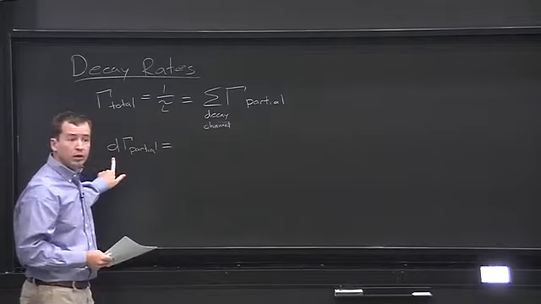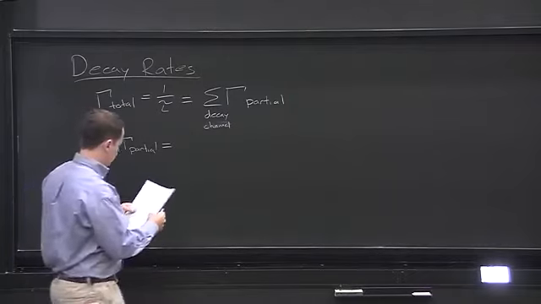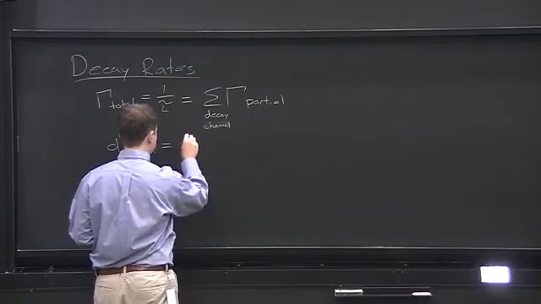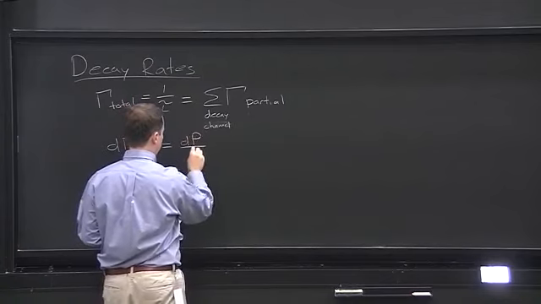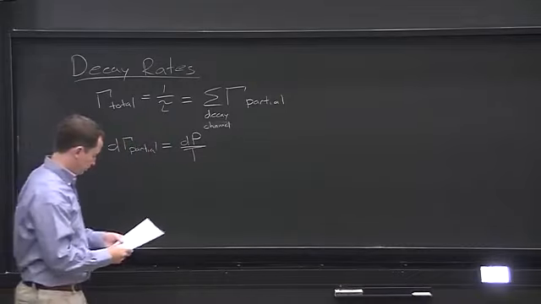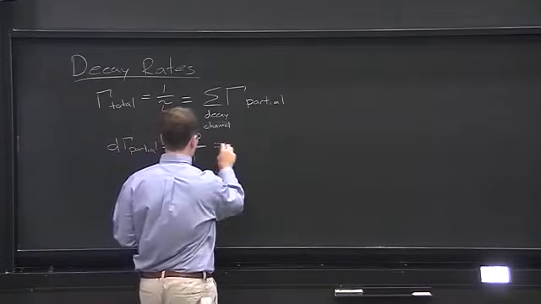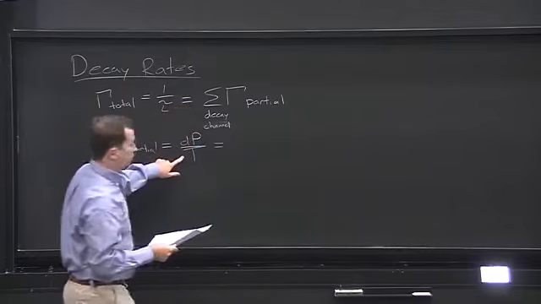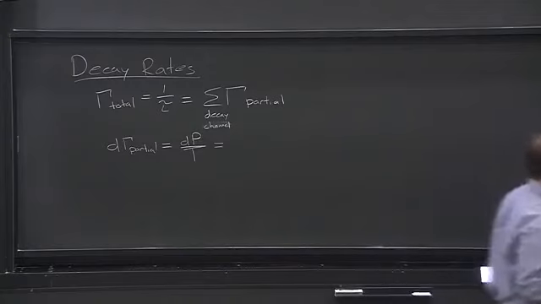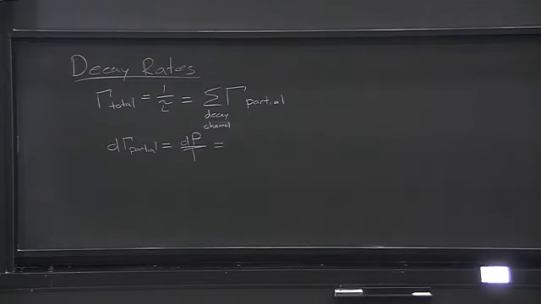For a partial decay rate, that should have units of 1 over time. So it's going to be equal to the differential probability divided by the time in which the interaction can occur, which is almost the same formula we had before. There will be 2 differences.